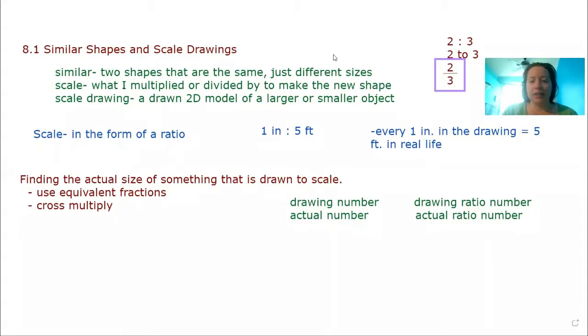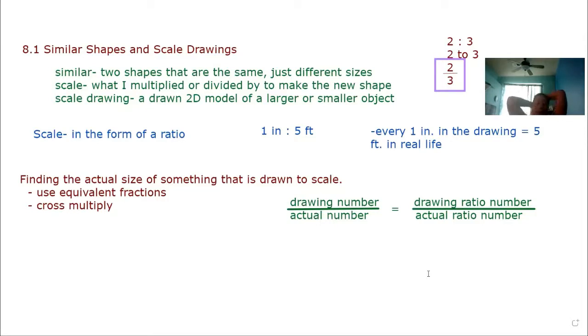If I had accidentally left it that way, it wouldn't have made a huge difference. It's just easier for us to think about it this way. I'm going to put my equal sign in between. So your drawing number over your actual number is equal to the drawing ratio number over the actual ratio number. See how it goes drawing to drawing, actual to actual?